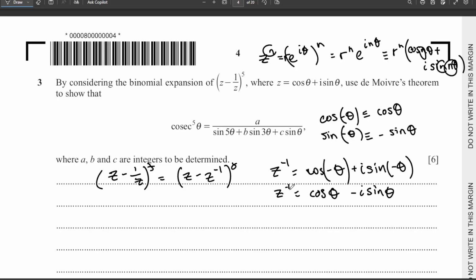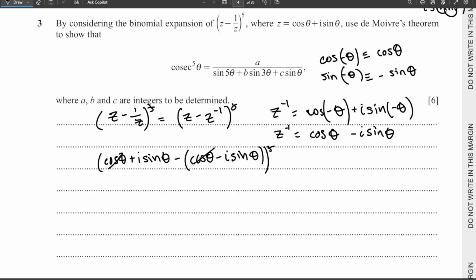So that is what we call the reciprocal of z. We can also rewrite z in its sine and cosine components. So this is z to the power 1, then we minus z to the power of -1, then the whole thing to the power of 5.